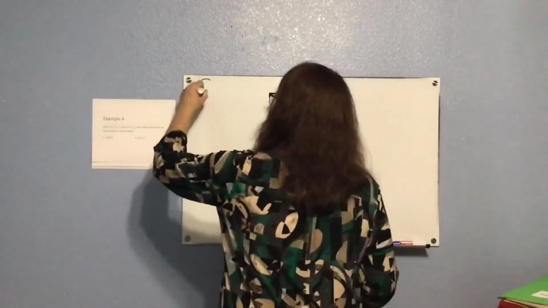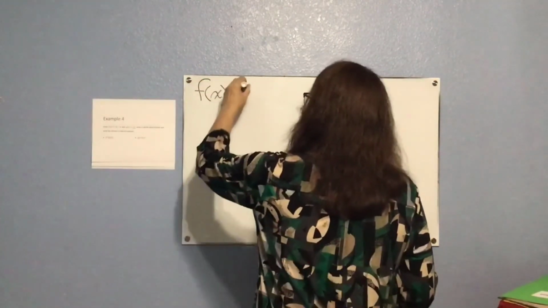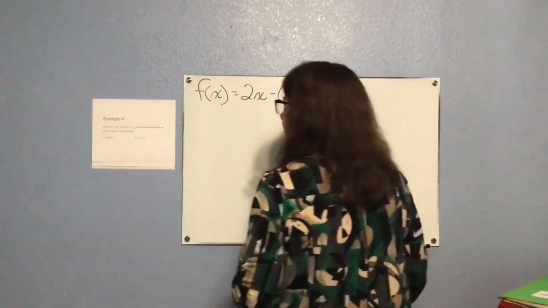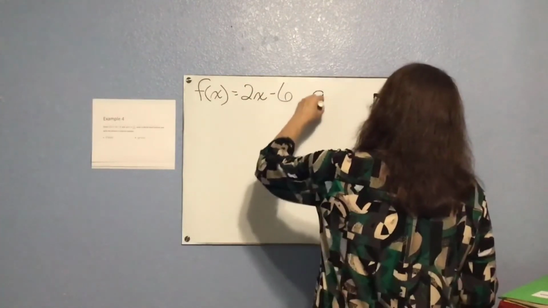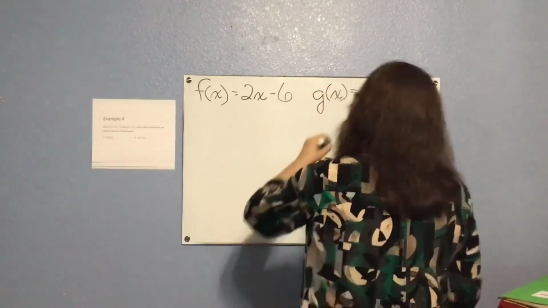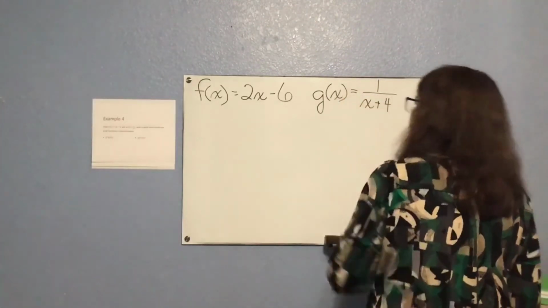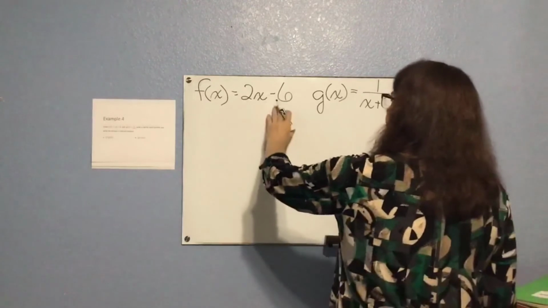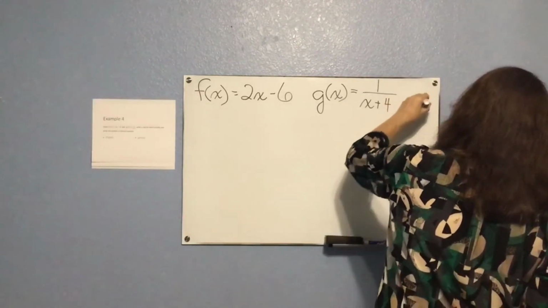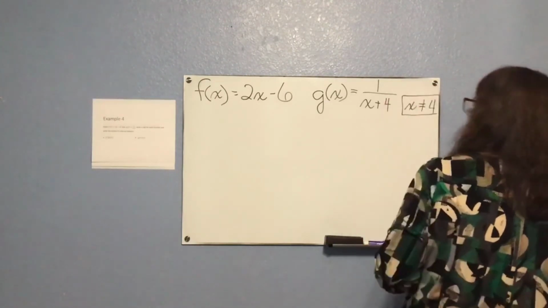So for this one, I've got f of x is going to be 2x minus 6, and g of x is going to be 1 over x plus 4. Now this function, domain could be all real numbers, but in this function, x cannot be 4. So we need to keep that in mind as we work.